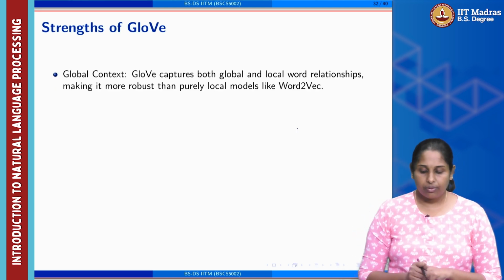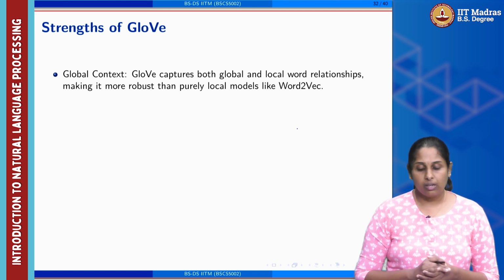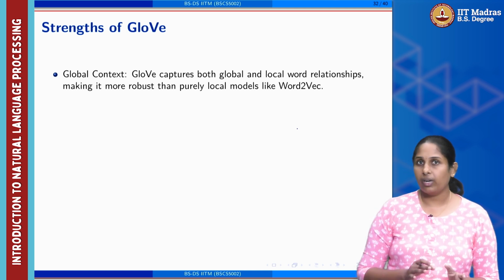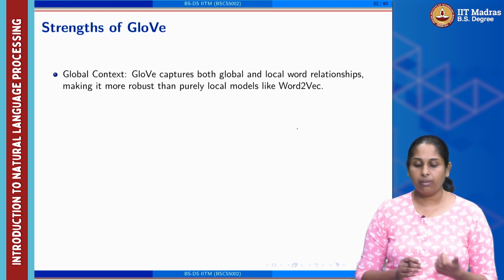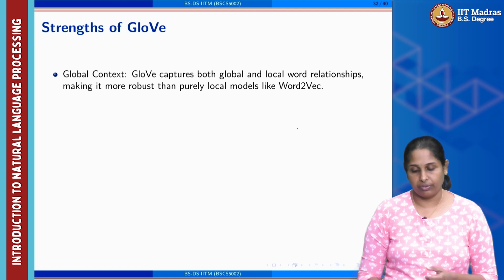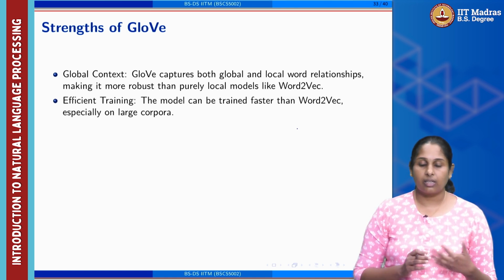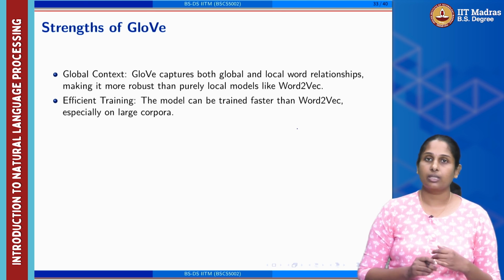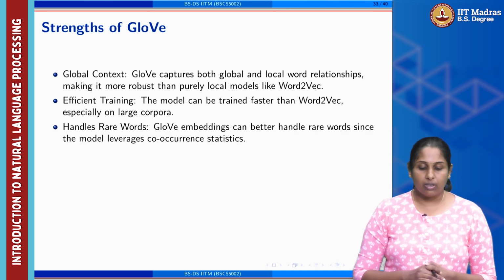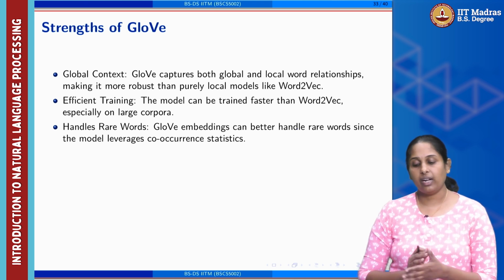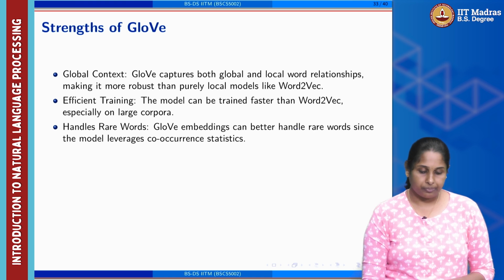Now the strengths of GloVe: it captures both global as well as local relationships, and is of course more robust than purely local models like word2vec. It has efficient training because it can be trained faster than word2vec, especially for large corpora. And it handles rare words, because GloVe embeddings can better handle rare words since the model leverages the co-occurrence statistics.